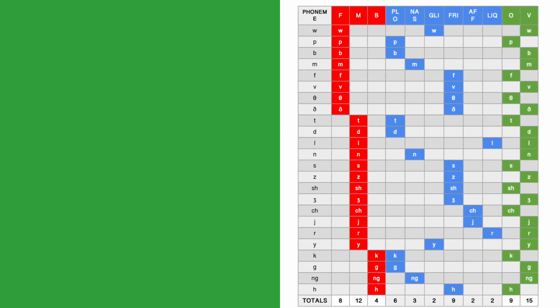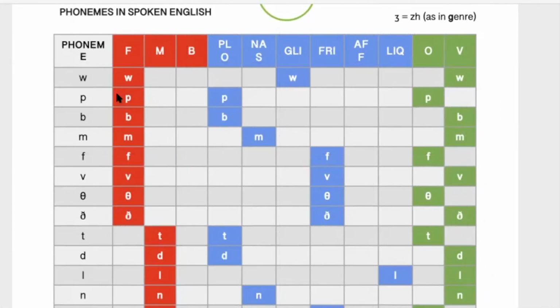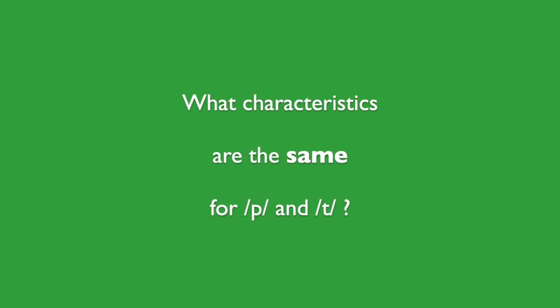Now let's look at the chart as a whole and look at other ways we can compare and contrast the sounds. What if I said a p sound: front, plosive, voiceless, and a t sound? T: middle, plosive, voiceless. What things are the same with a p and a t?